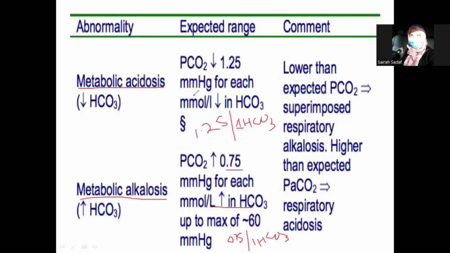Now we have to see if this compensation is adequate, or whether the system is overdoing or underdoing. When one system is compensating for the other, like here for metabolic acidosis, the respiratory system comes into action and compensates to keep the pH normal.